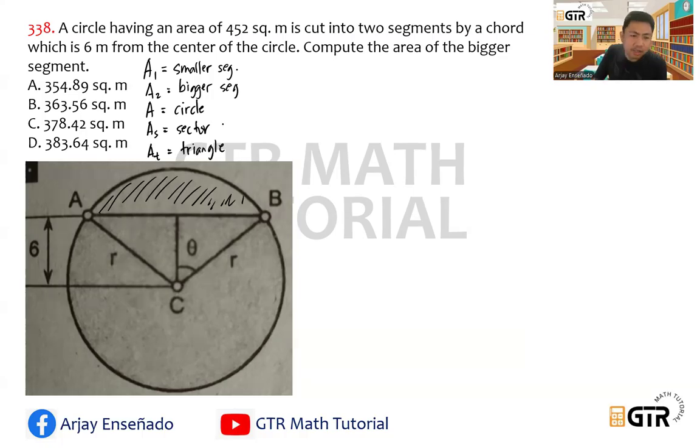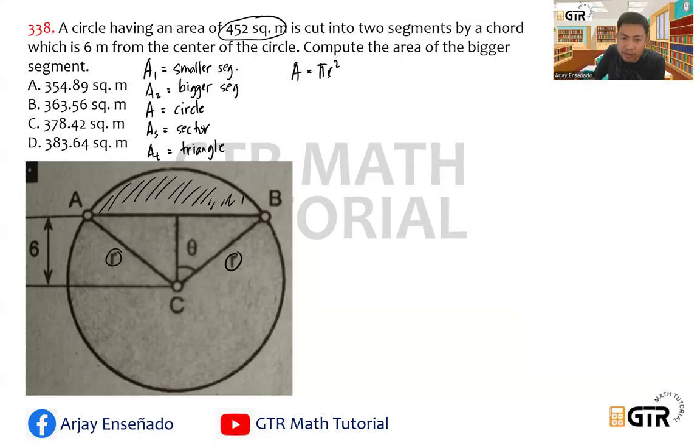Okay? So we are given the area of the circle. The area of the circle is 452 square meters. So we can use the formula for the area of the circle, A is equal to pi r squared. Okay? So we can solve the value of the radius.